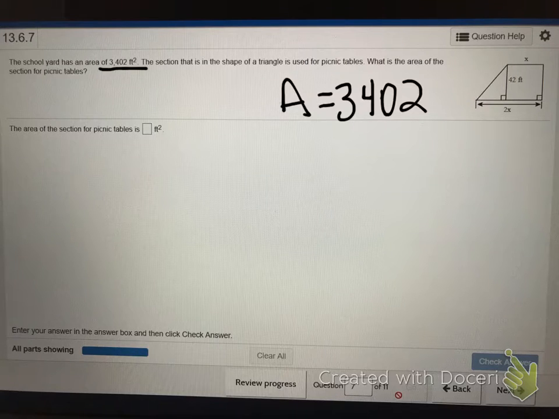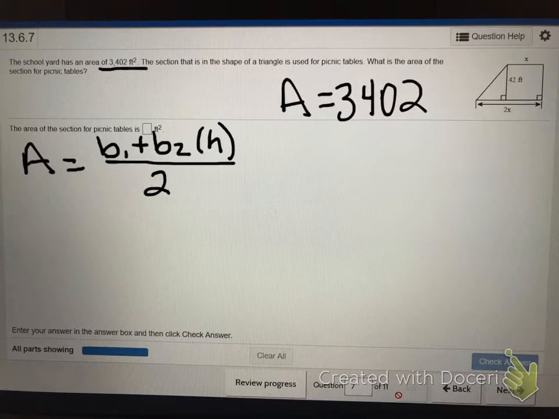This one's a little tricky because there are variables in it, but remember the area of a trapezoid is equal to base 1 plus base 2 times the height divided by 2.